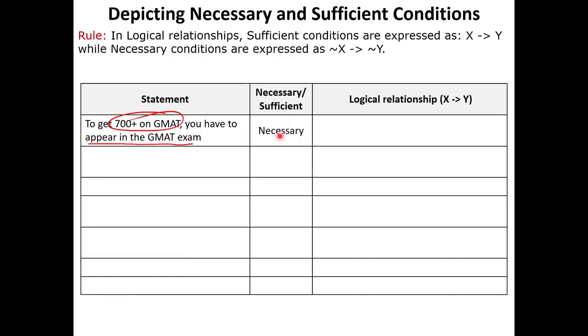Since this is necessary, how would it be expressed? Notice necessary conditions are expressed as this, right? So now can someone tell me? Very nice. If this does not happen, right? So if a person does not appear in GMAT, then the person cannot score 700 plus on GMAT.